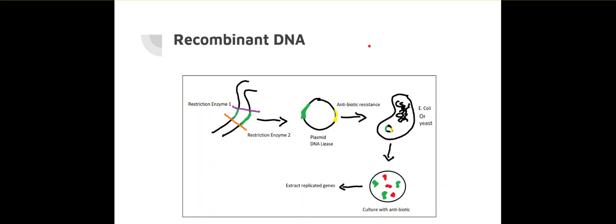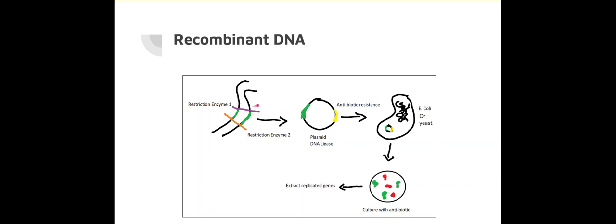I found this very fascinating when I first learned about it. So, what scientists figured out is that they can reproduce a strand of DNA that they're interested in studying.